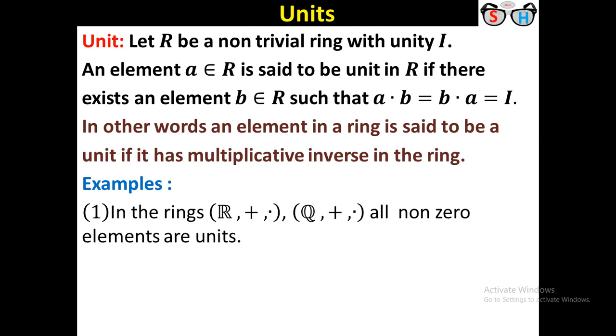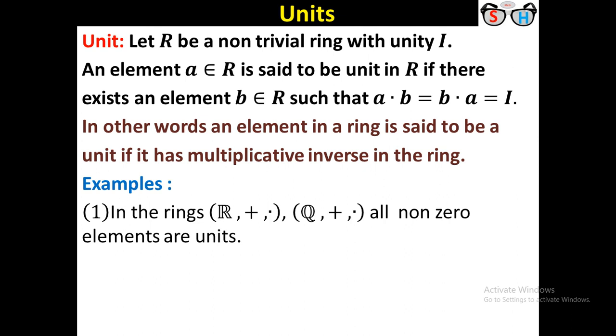Root 2 is a unit because if you multiply 1 by root 2 with root 2, the result will be 1, that is the unity in R. So root 2 is also a unit, and similarly 1 by root 2 is another unit. But 0 has no multiplicative inverse, so 0 is not a unit in the ring of real numbers. Similarly, in rational numbers, every non-zero element must be a unit.